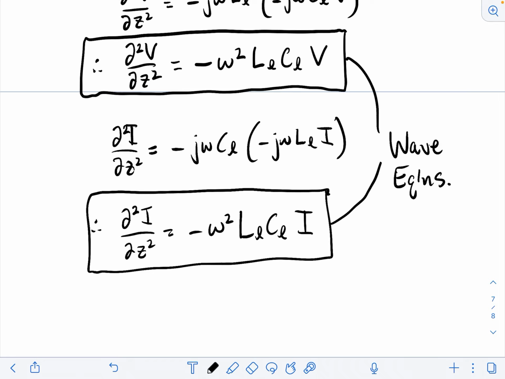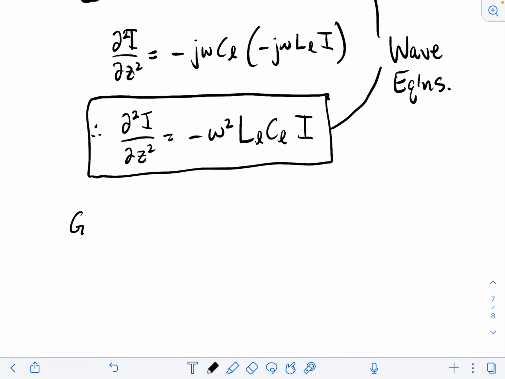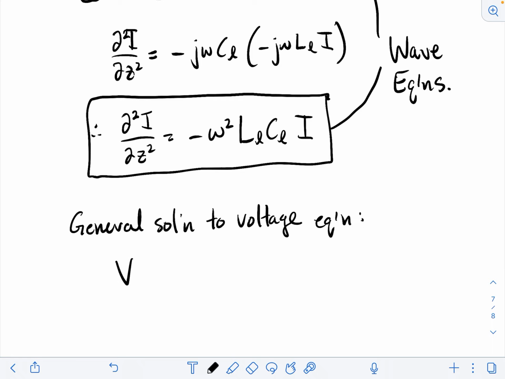So the general solution to the voltage equation, and it's a general solution to the current equation as well, but let's think about the voltage equation: the voltage amplitude. Remember, this was just the amplitude of a sinusoidal voltage, and it depended on z.